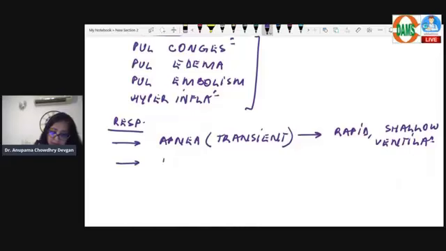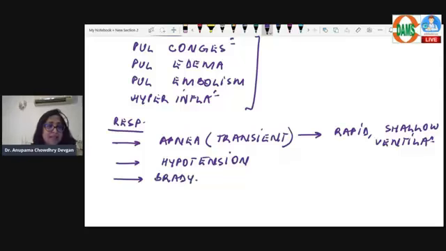There is a hypotension, and there is a bradycardia. Hypotension and bradycardia. These are the responses which are seen, right? Apnea, which is transient, followed by rapid shallow ventilation, hypotension, and a bradycardia.